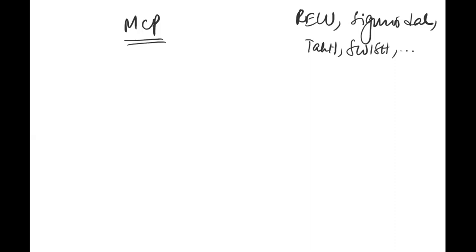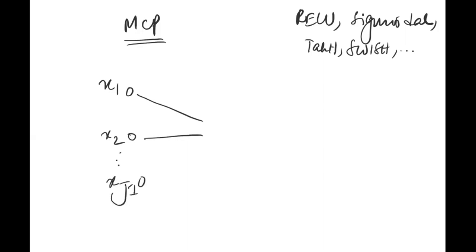So if we just mathematically sketch out how a McCulloch and Pitts model looks, you've seen that, right? You have an input, X1, X2, up to XJ1, and then you have your summation.